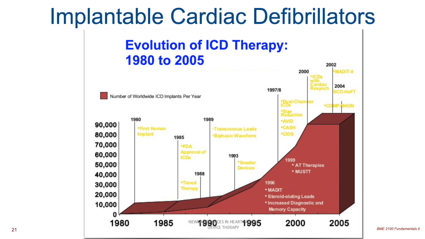And what you see is the steady growth of the number of implantable cardiac defibrillators going in patients that peaked at around 2000, was reinforced in 2002, and has stayed pretty steady, or at least steady up until 2005. So that shows the impact of this discovery on the number of these devices that were actually used in patients, under the assumption that it could save some patients.